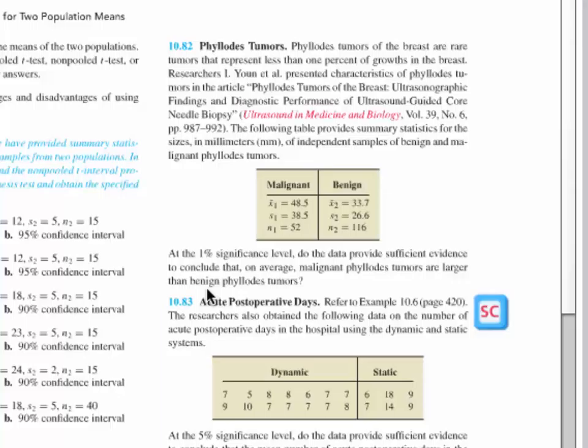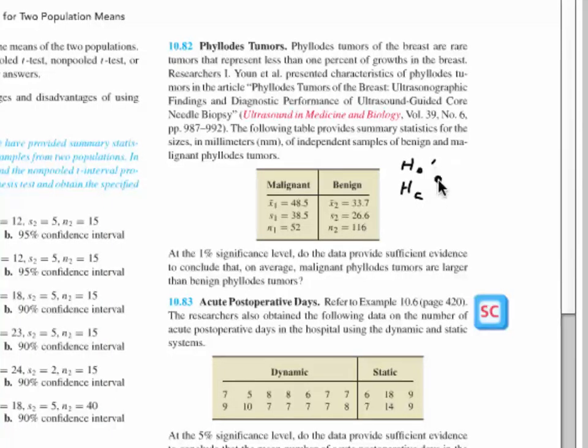All right, so let's do this one together, and then we'll have you do one for the sheet. So where are we going to start? We're going to start with our null and alternative hypotheses.